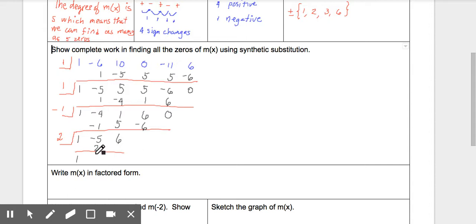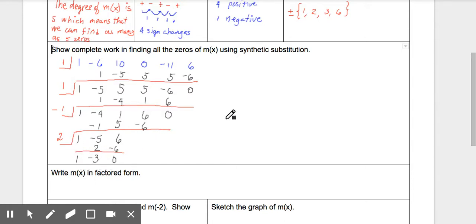Negative 5 times 2 is negative 3. Negative 3 times 2 is negative 6. And therefore, we're going to get another 0. And so we found 4 zeros already. This is the last linear factor that we could find.